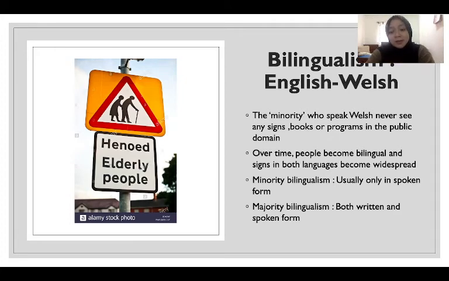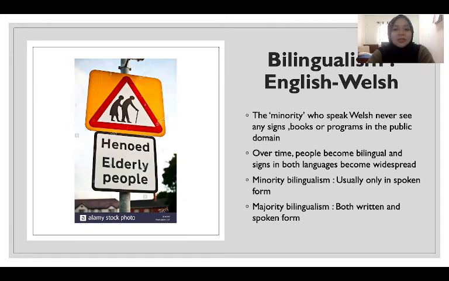Over time, people become bilingual and signs in both languages become widespread. For example, the grandma teaches her grandchildren the Welsh language. At the same time, the grandchildren are also fluent in English. Therefore, the grandchildren become bilingual.